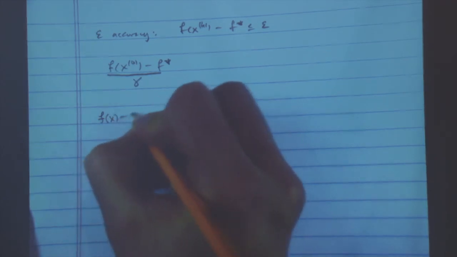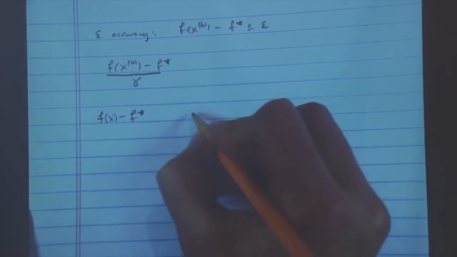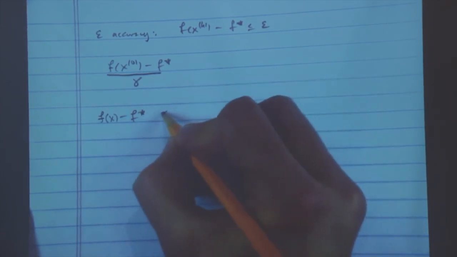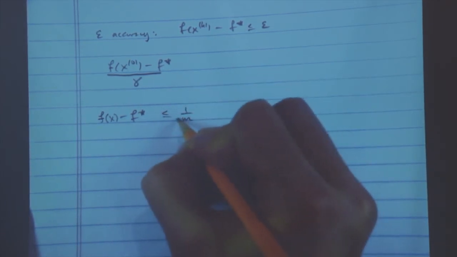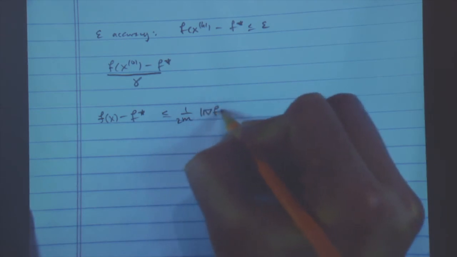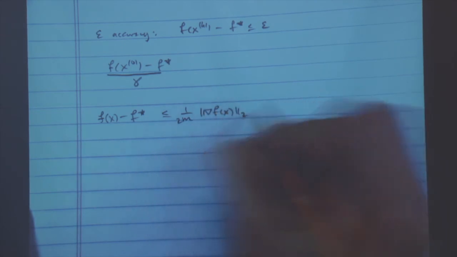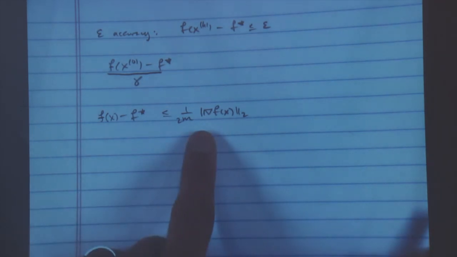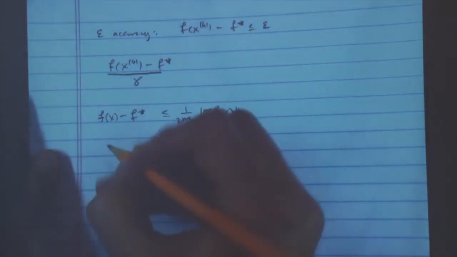That the distance from optimality, we can relate this, in strong convexity, to, I think it's something like this. We proved this directly from strong convexity. Let's just make sure this is the right direction. So how do we prove such a thing?